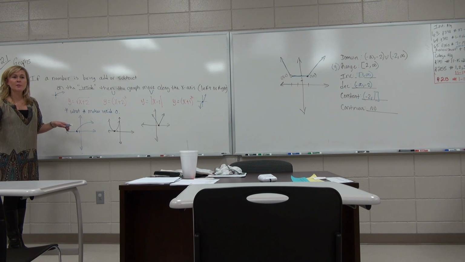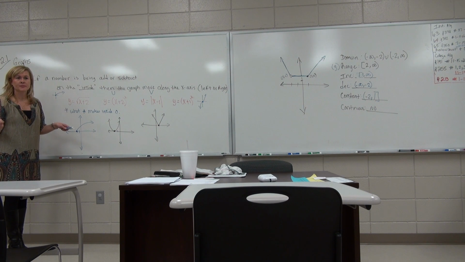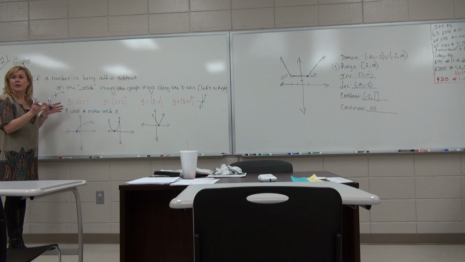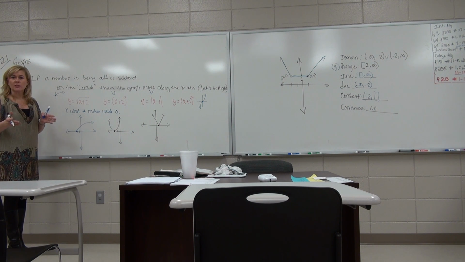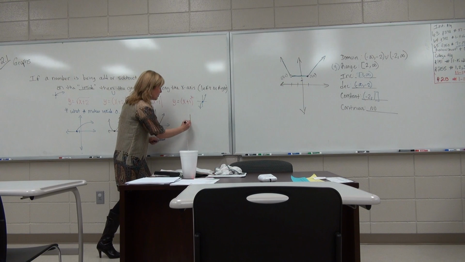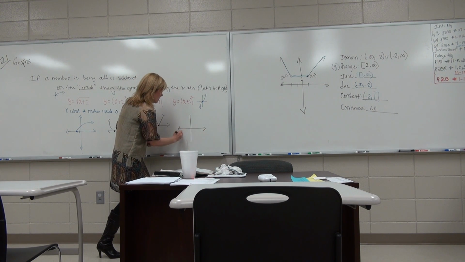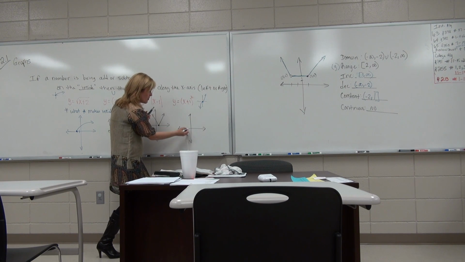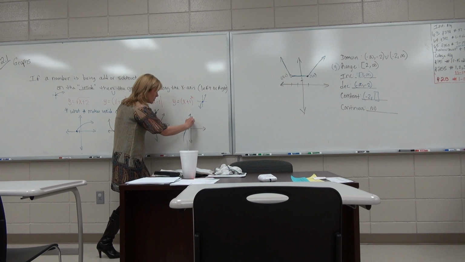But the only key is going to be that you have to know what your basic graphs look like, right? And like I say, on your test, you're going to have all 7 basic graphs on there, and you're going to match them all up with the equations. All right, what would make this one 0? Negative 1. So that means instead of this squiggly here being at 0, it's going to be here at negative 1. And then you just draw your basic shape.